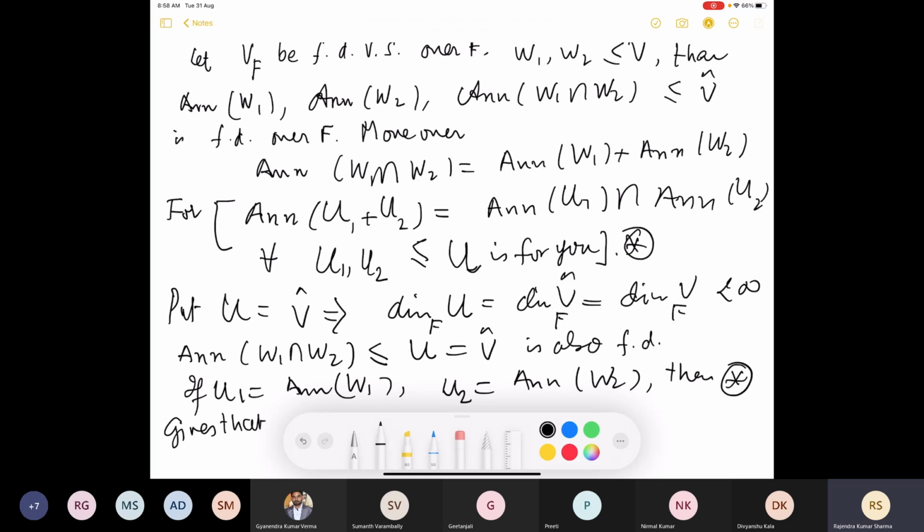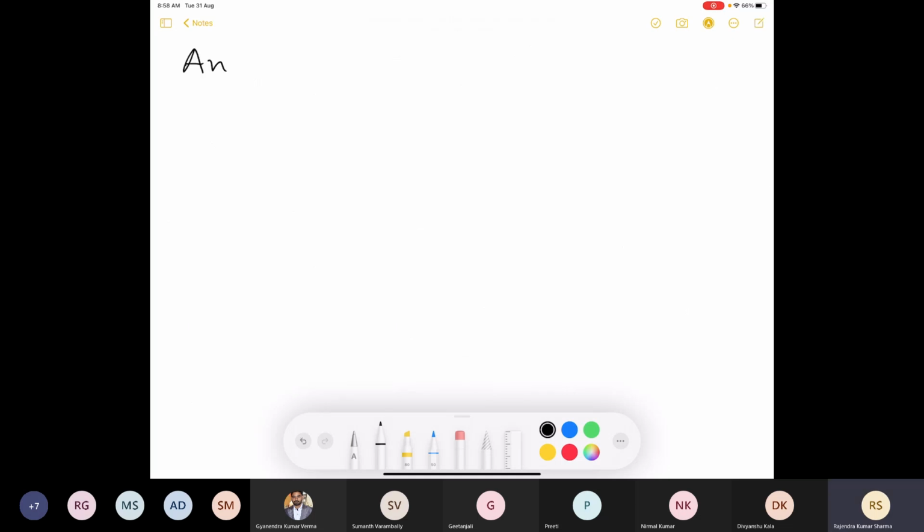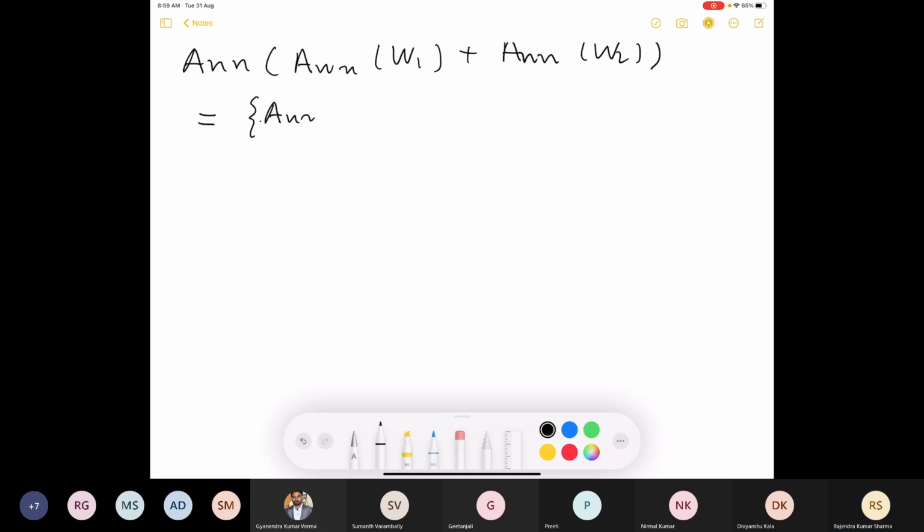So this gives, therefore, the annihilator of W1, this is U1, plus the annihilator of W2, this is U2, is the same as the intersection of the annihilator of U1 with the annihilator of U2.